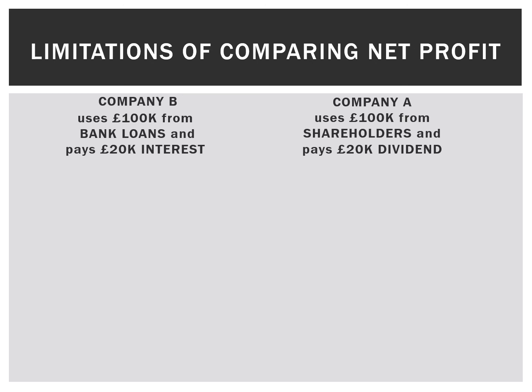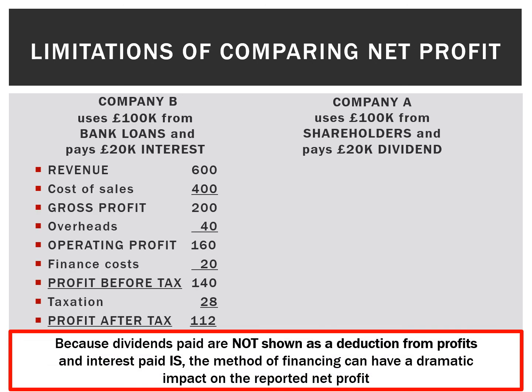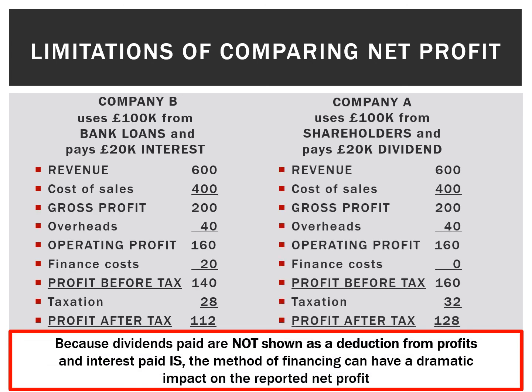If we look at the profit and loss account, you'll see that the profit after tax figure is very different for company A and company B. If you look at the operating profit, you'll see that both companies have got exactly the same result.